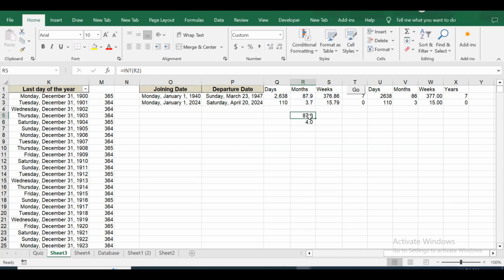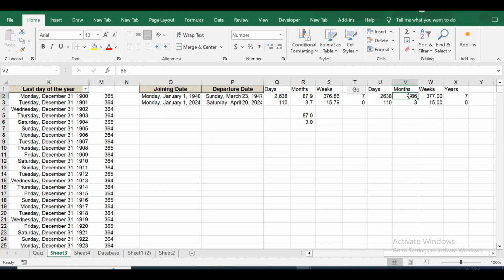That makes 87, whereas the months taken are 86. So we cannot say that the function takes the integer. It does not take the integer.